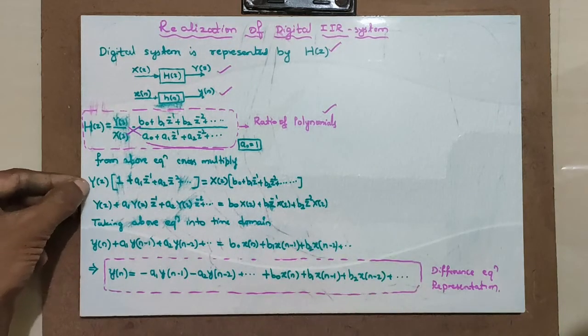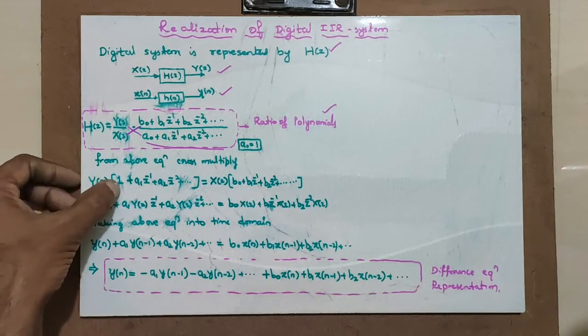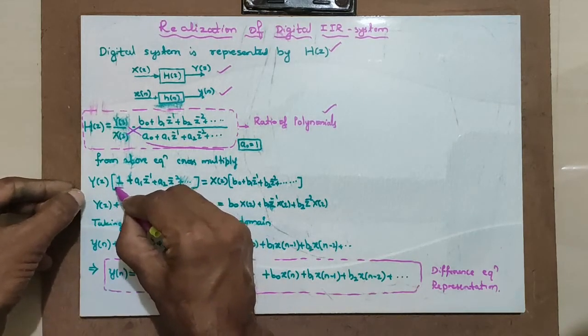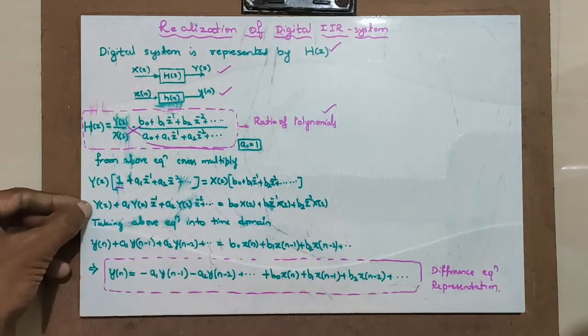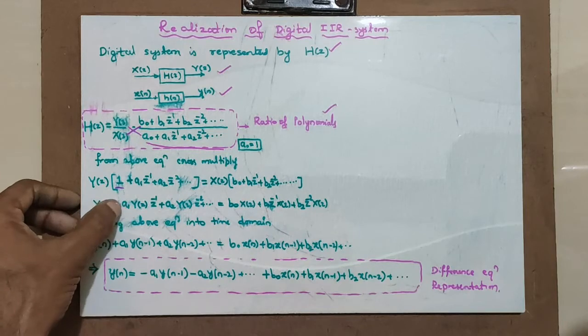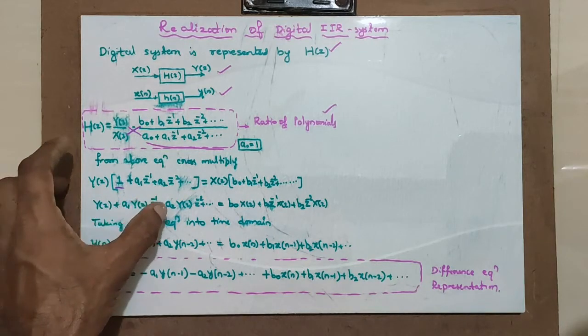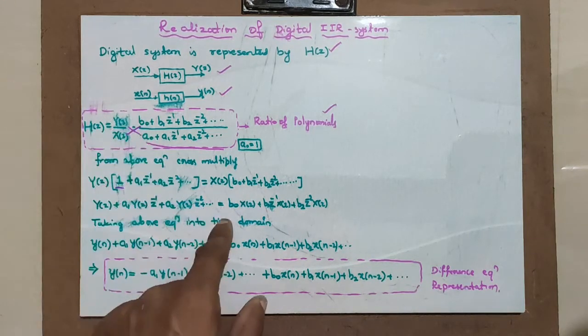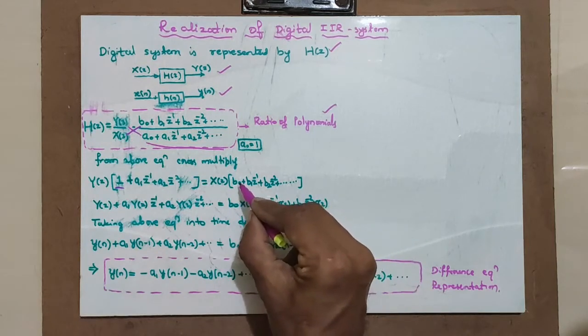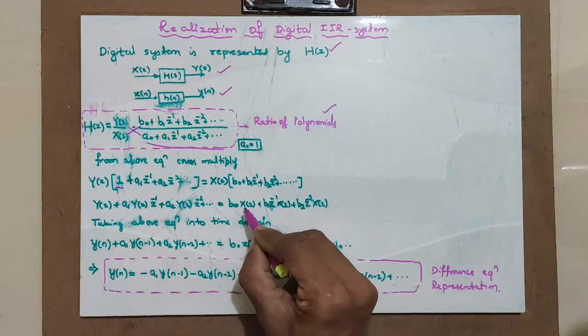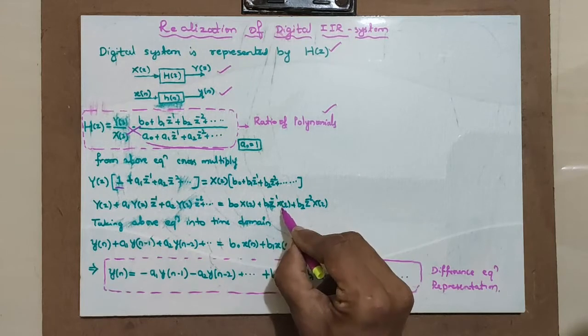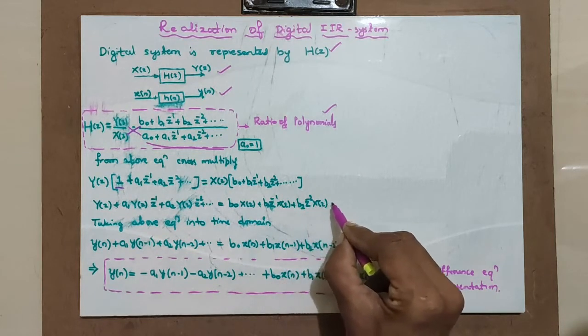Please note a0 value is taken as 1. So Y(z) plus a1 z^-1 Y(z) plus a2 z^-2 Y(z) and so on is equal to b0 X(z) plus b1 z^-1 X(z) plus b2 z^-2 X(z).